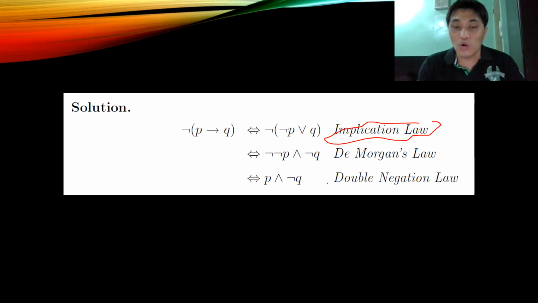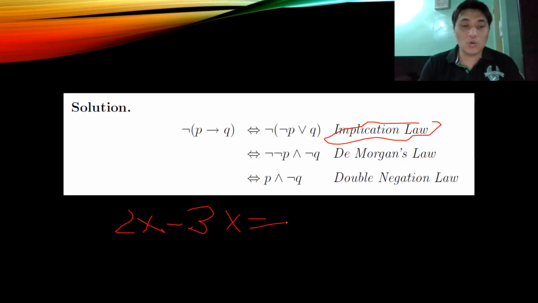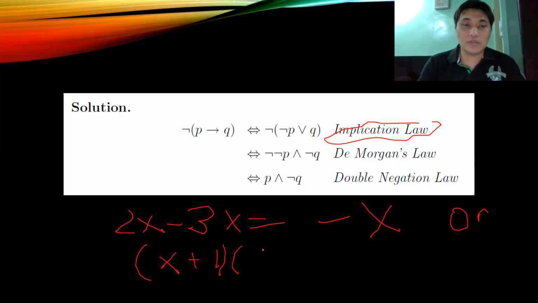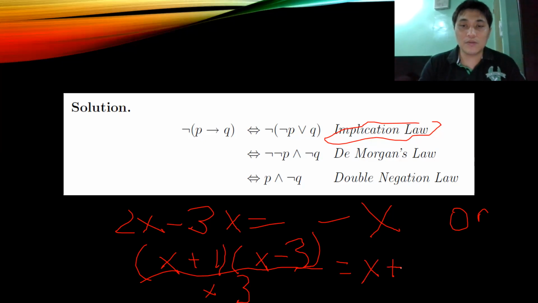You are using rules like this: 2x minus 3x is equal to negative x, or x plus 1 times x minus 3 divided by x minus 3. Our answer is equal to x plus 1.